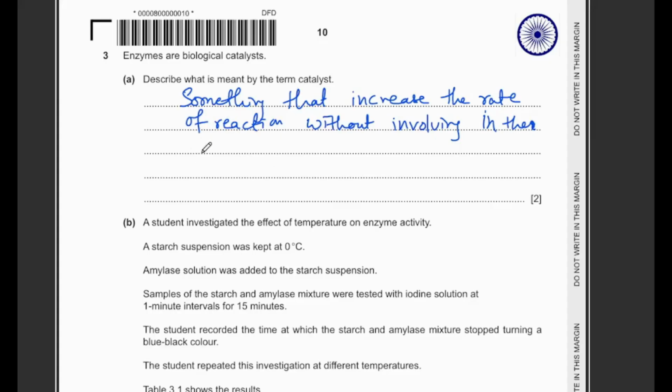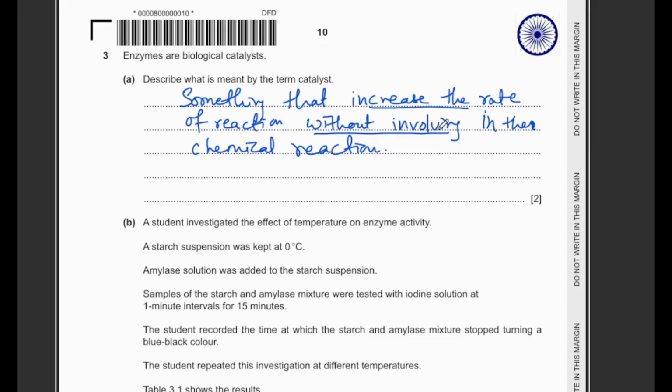So it increases the rate of reaction and does not get involved in it. Okay, so it does not change during the reaction also.